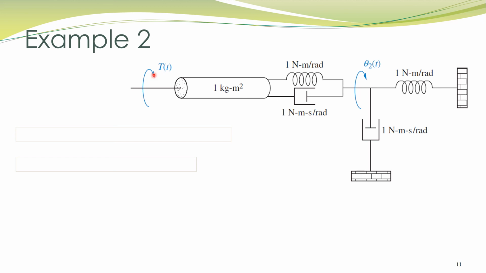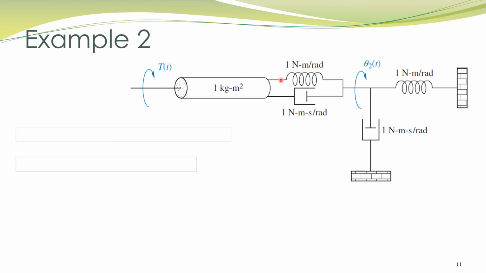When we apply a torque to this object, it produces an angular displacement, and let's name this angular displacement theta 1(t). This end of the object has the same displacement as this end, so this end also has angular displacement theta 1.